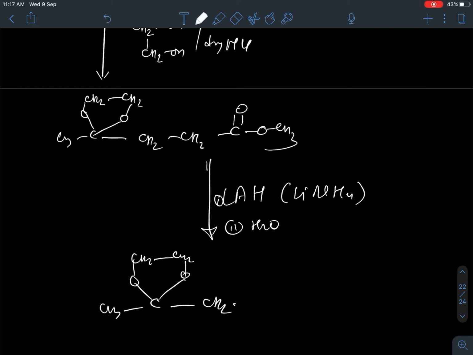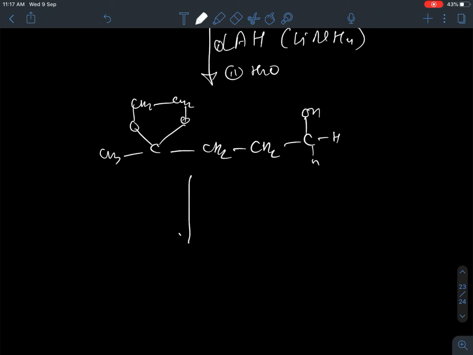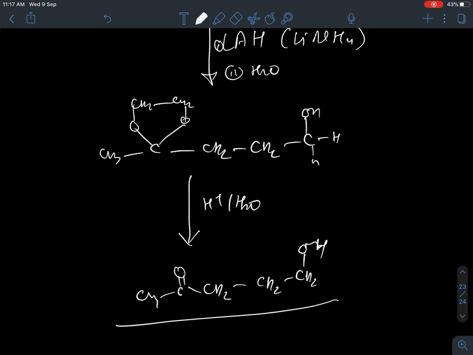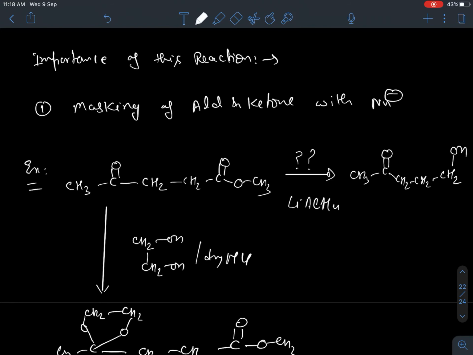This lithium aluminum hydride will reduce this first into aldehyde, and then ultimately into OH. अब क्या करो? अब आपको वापस लेके आना है, तो आप H+ वाटर यूज कर लो. तो you got this. So this is how we protected this and we made this molecule.